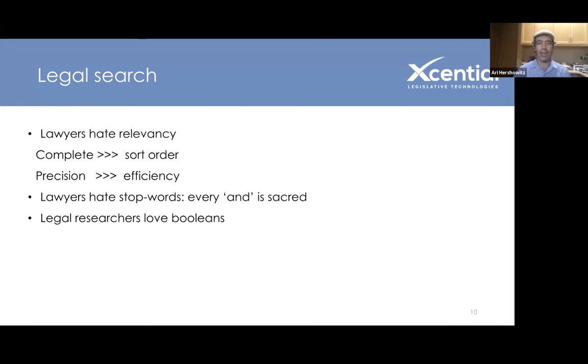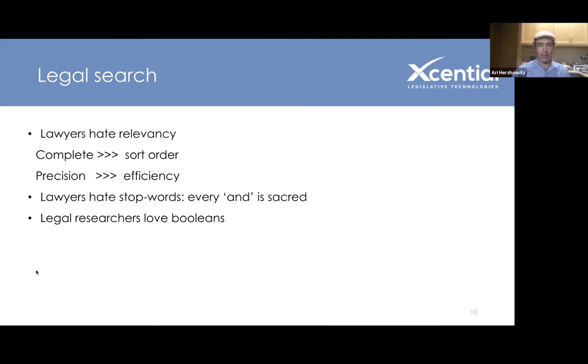Similar to that, they hate stop words. Every word in a legal sentence is important. If you're looking for a phrase that says it's illegal to do this and that, that's important to know as opposed to say this or that.